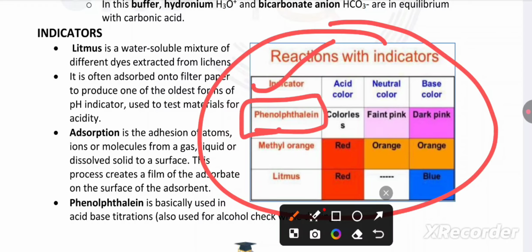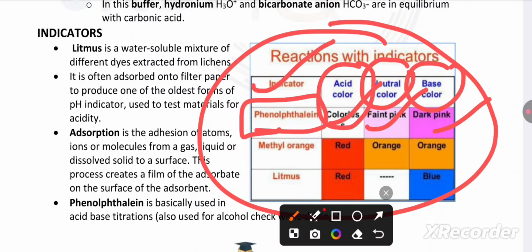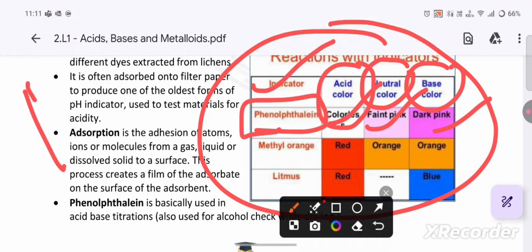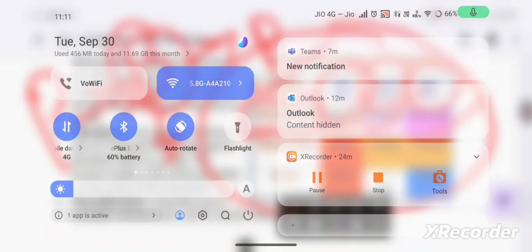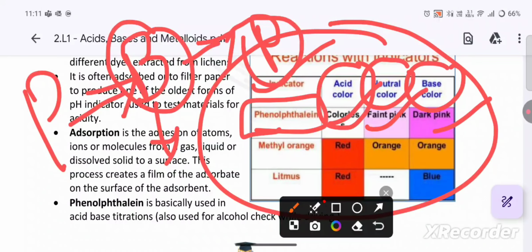Phenolphthalein: in acid it is colorless. In neutral it is light pink, faint pink. In base it is dark pink. Phenolphthalein starts with P, for dark pink.